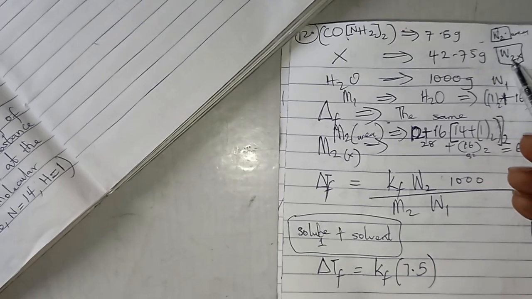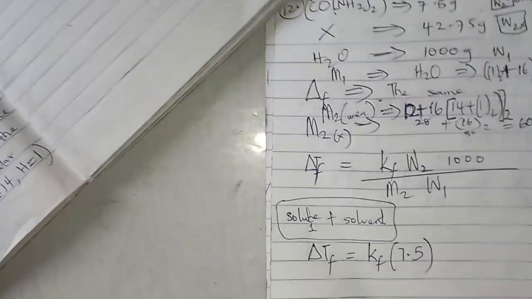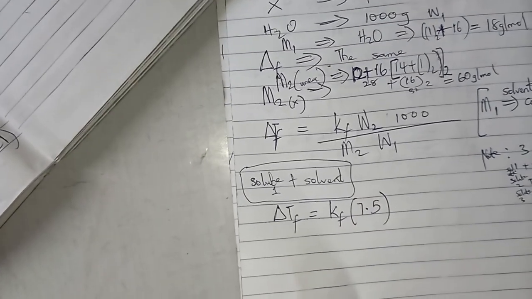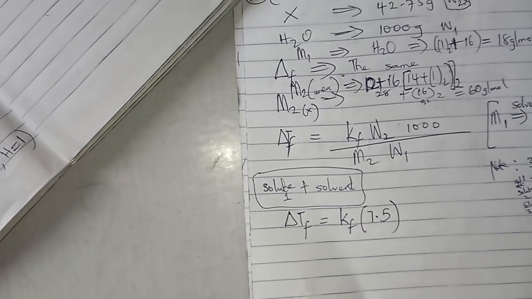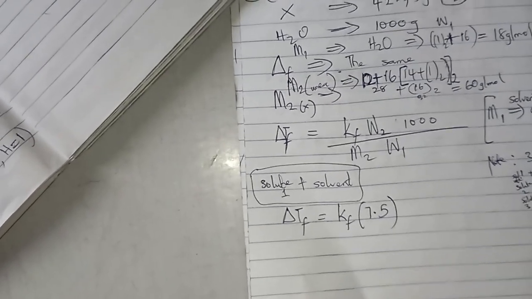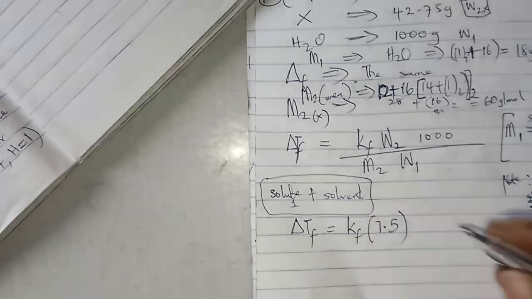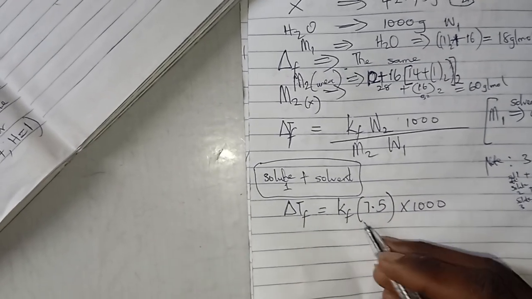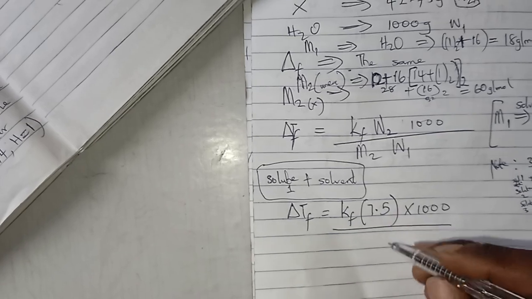Then this one W2, weight of solute X. I told you that since the formula makes provision for solute and solvent, if they give you two solutes, you have to solve for each differently using the formula. If they give you three solutes, you have to solve 3 times using the formula. So times this times 1000 all over M2.